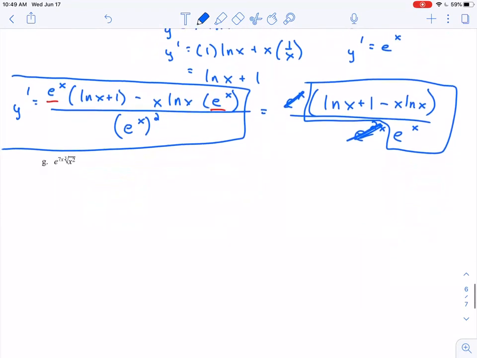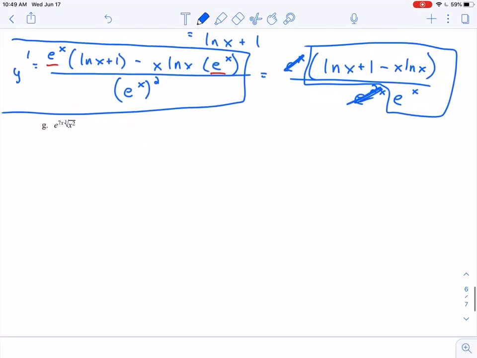Last example for this section, let's say y equals e to the 7x times the cubed root of x squared. I look at that, and I see, let's maybe rewrite this guy. Let's rewrite that radical: e to the 7x times x to the 2/3 power.